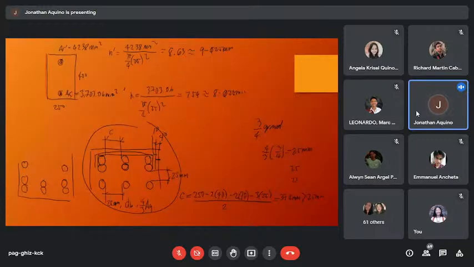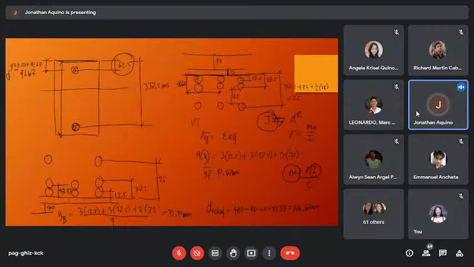Nakuha natin 8.63, ginawa natin 9. 7.2, ginawa natin 8. So, ibig sabihin, ni-round off naman natin. So, since dinagdagan natin yung bakal dito, lumaki yung area nito, of course, lumaki din yung moment capacity. Pero, dahil doon sa arrangement ng bakal natin, na lumapit sa centroid, maaaring kulangin na yung strength ng beam natin.